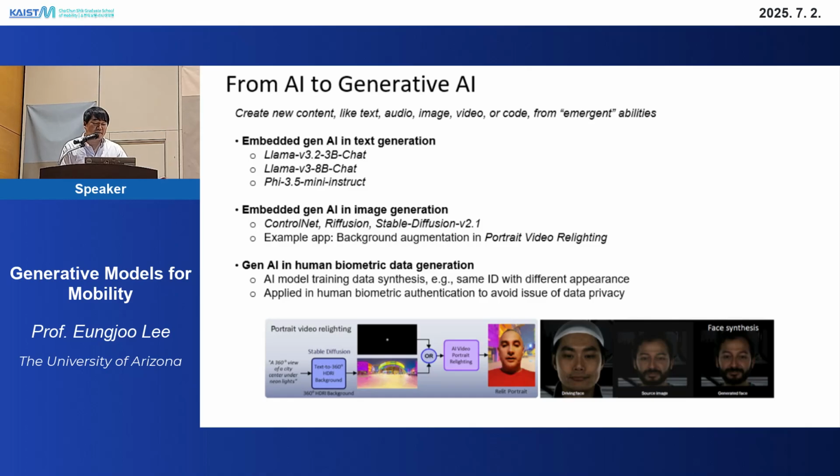And LLM would also be one of the generative AI methods. In terms of text generation, Llama variants are one of the representative ones. And for image generation, diffusion-based models such as ControlNet.